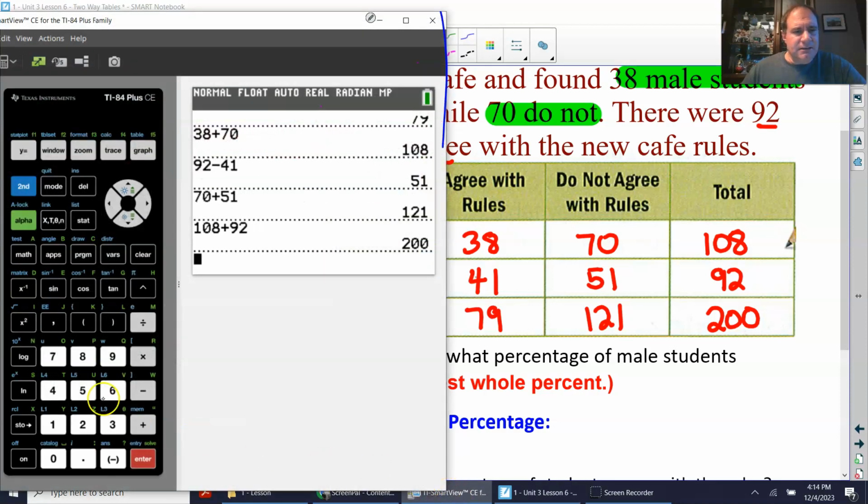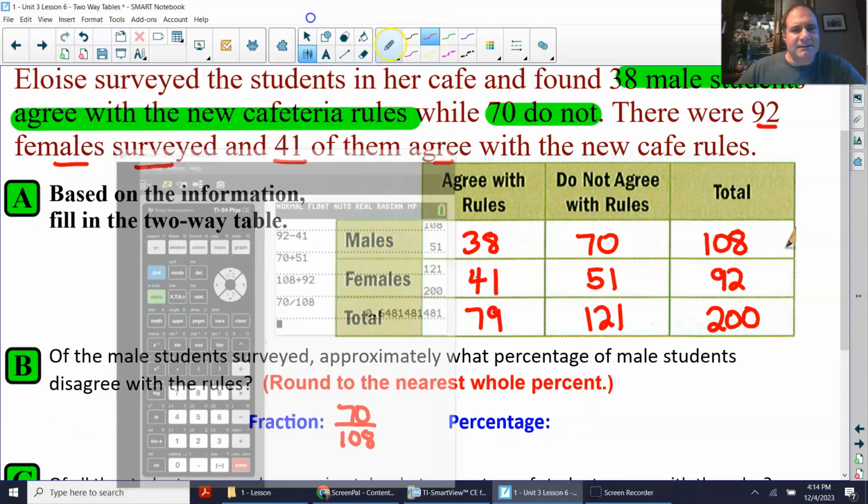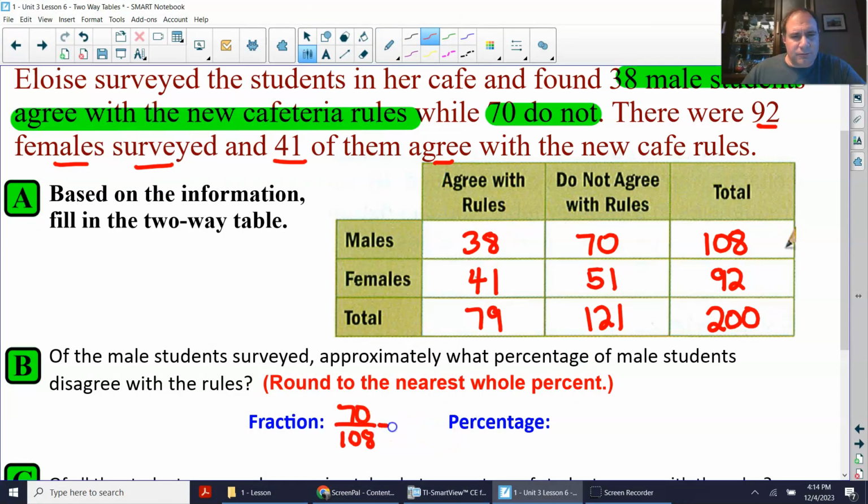So 70 divided by 108. So we're going to have 0.648. So 0.648. That's just bad.